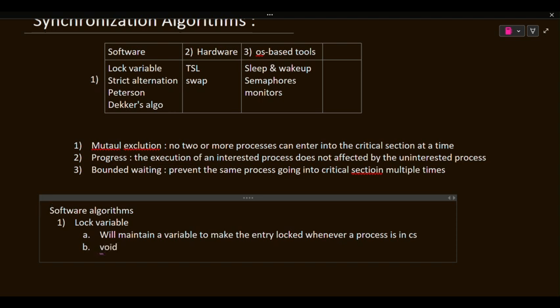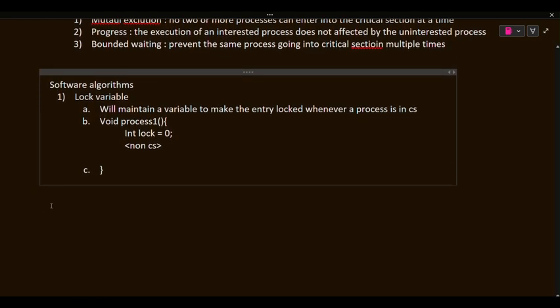The algorithm is simple. We maintain a simple lock variable which is by default 0, and we execute the non-critical section of that process, and then we write a while loop to make the process wait until the critical section is locked, that is, the value of lock is 1.